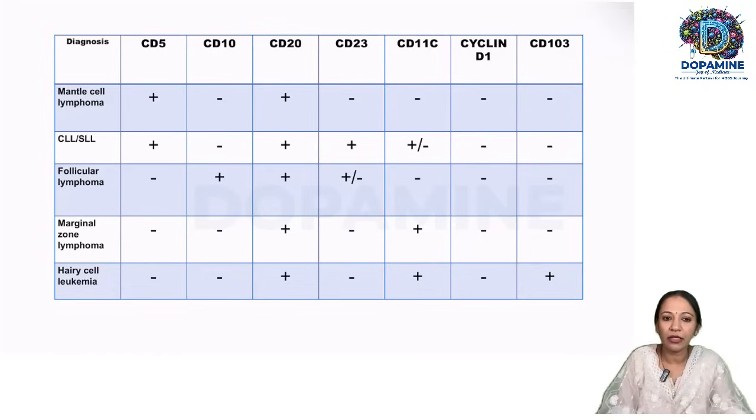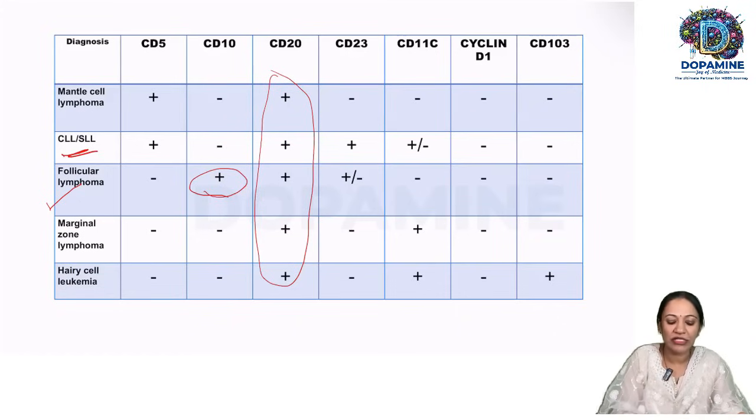What is the marker? As we have told so many times, if CD10 is positive, we have only one choice, that is follicular lymphoma. CD19 and 20 will be mostly positive in all the B cell tumors. Everything will be positive. So the specific marker, look here, for CLL, it is CD5 and CD23.